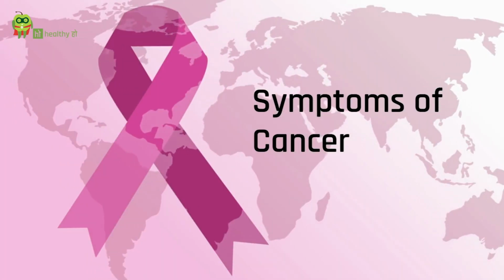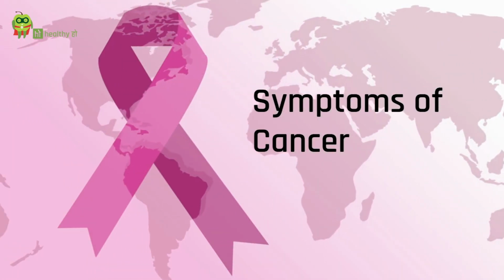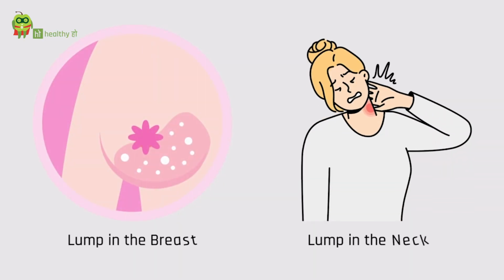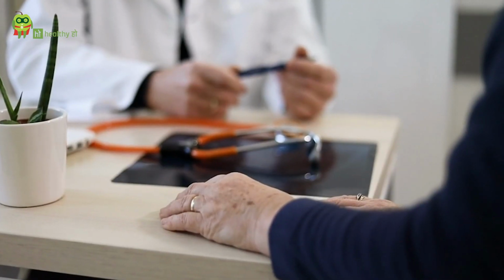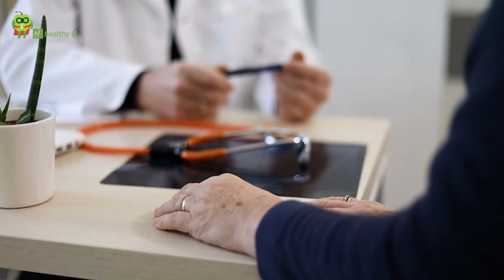Now, what are the symptoms? When do we think that we may suffer from cancer? So, in a nutshell, any lump anywhere in the breast, in the neck, anywhere outside in the body may signify cancer, and these lumps are generally there over a long period. They are painless, and then you must go to a doctor to see whether they are cancerous or not.